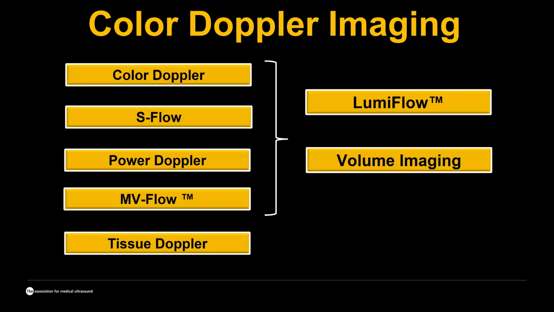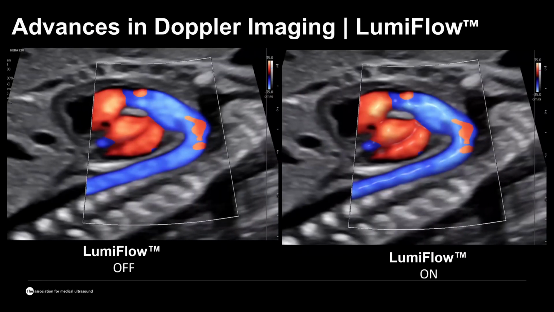Then the separate type of color that we are going to talk about a little later, in regard to the assessment of cardiac function, is the tissue Doppler. So here you can see how diverse the Doppler technologies are and how important it is to use them cautiously and appropriately for certain vascular regions.